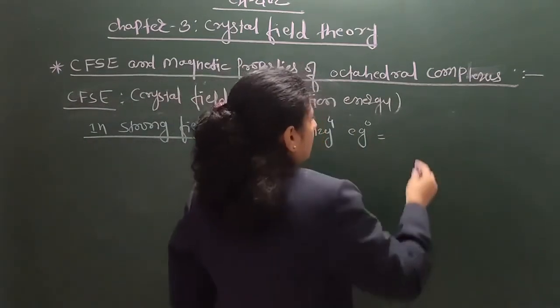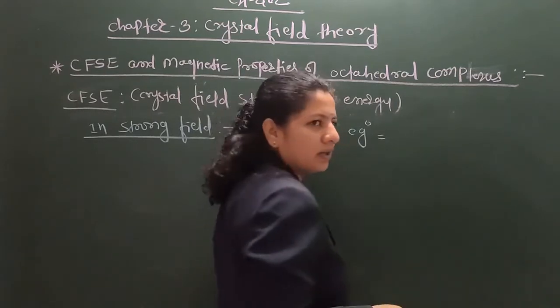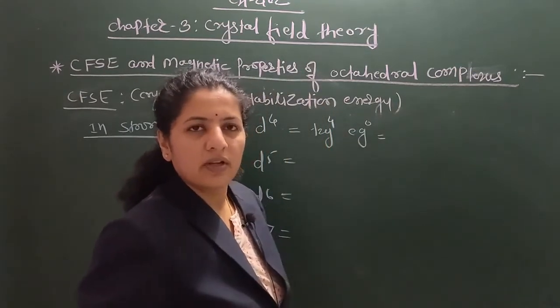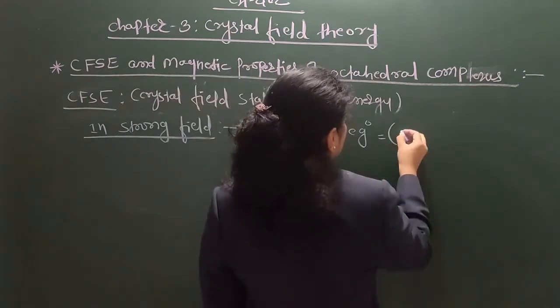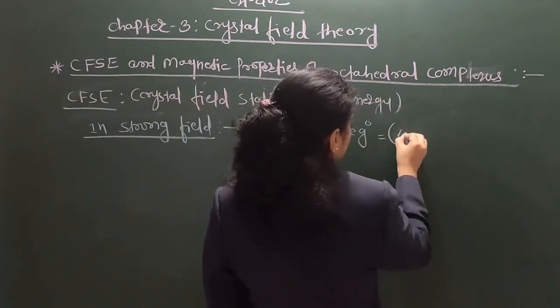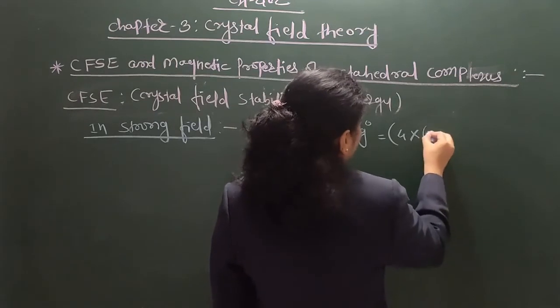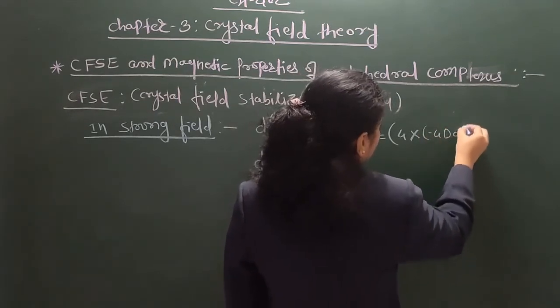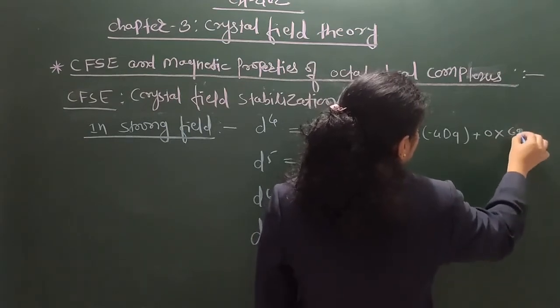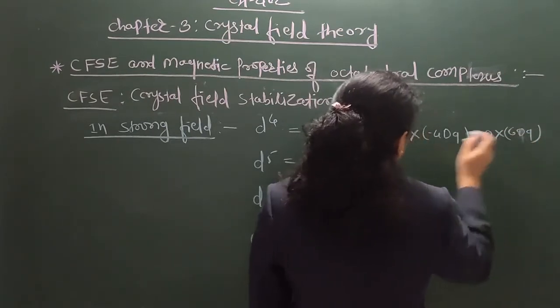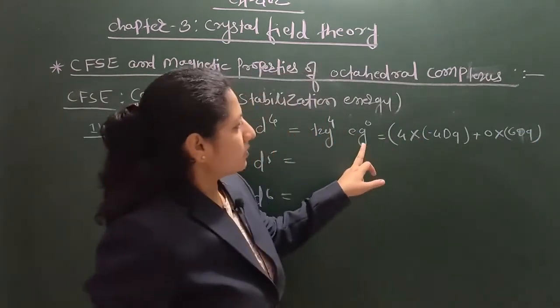According to our CFSE equation, the number of electrons in t2g is 4, so 4 into minus 4 Dq plus 0 into 6 Dq, as there are 0 electrons in the eg orbital.